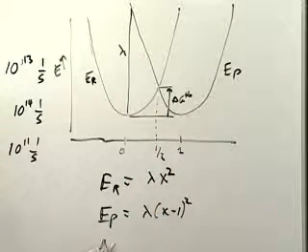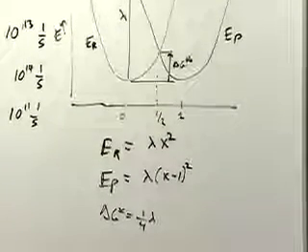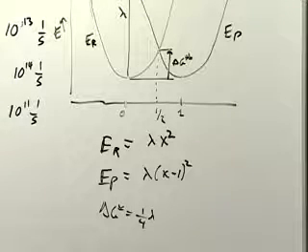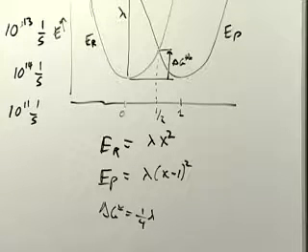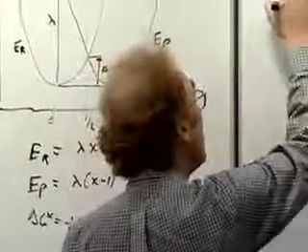And so delta G star is going to be 1/4 lambda. So there's inherently a relationship between the barrier you'll see for the thermal electron transfer and the optical transition. Okay, now how do we get the rate? What I now want to do is get the rate of the electron transfer. What I need is the k_ET.